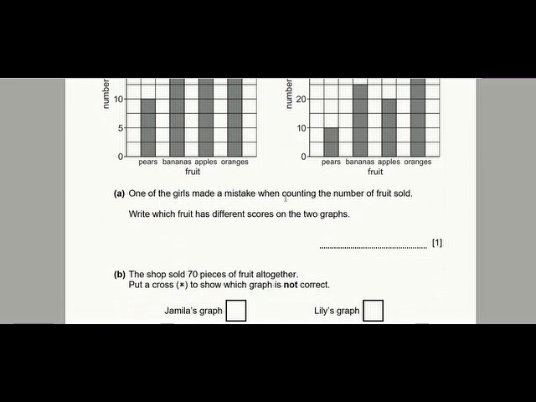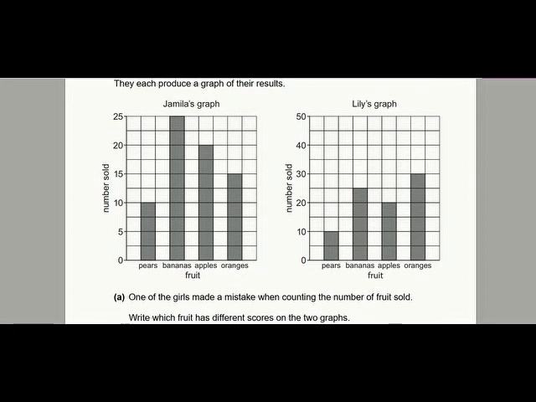Let's read the question. It says, one of the girls made a mistake when counting the number of fruit sold. Write which fruit has different scores. So which is the fruit that has different scores? We already found it. It is the oranges. Why? Because there are 30 and here there are 15.